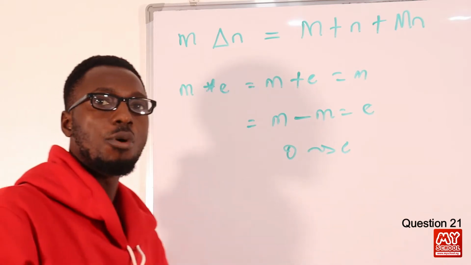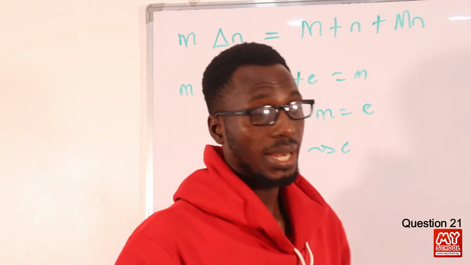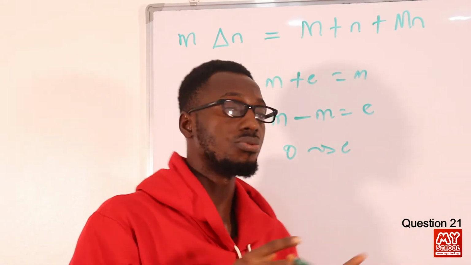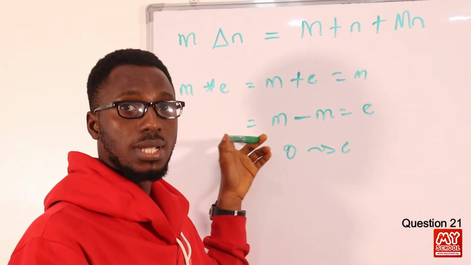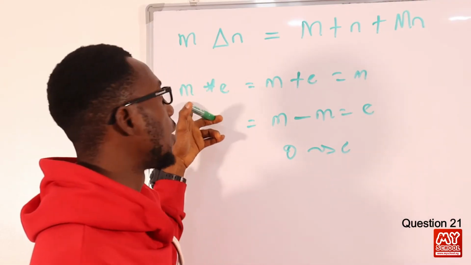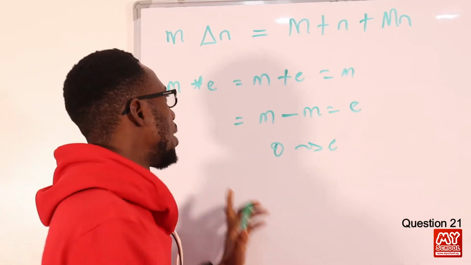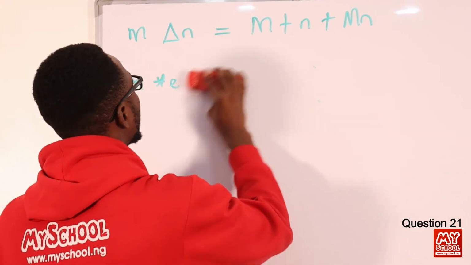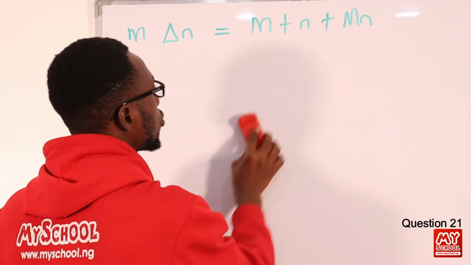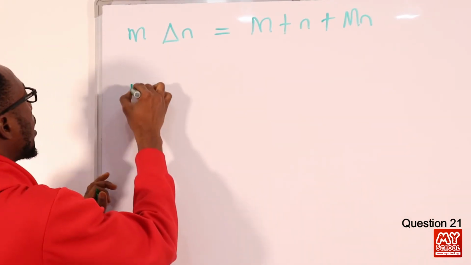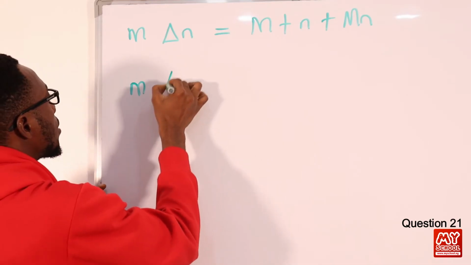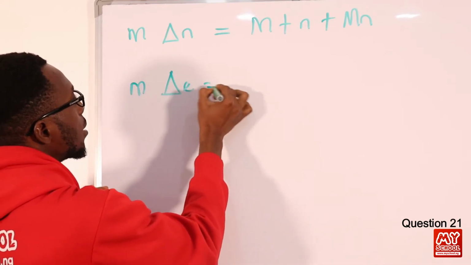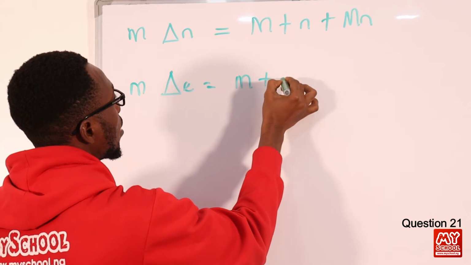So we are looking for that particular value or number that, if we combine it with m in this expression, we still get the value back. So let's work with the expression we are given. Make this e.